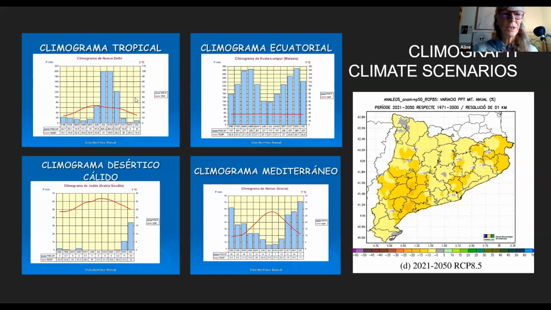But then when we go to a desert climate, very hot desert climate, we have high temperatures and barely any rains. And this is a climogram for a climate on the Equator. So there's lots and lots of rain every month. This is the Amazon or Malaysia or other areas that are always rainy, and the temperature is always the same.